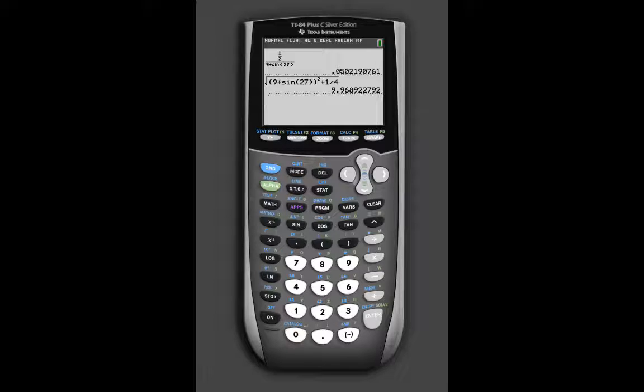I'm curious, let's graph this just for fun, using x in function mode instead of t: x squared plus sine of 3x squared, only in the region from 0 to 2. It looks like it's always positive. I don't see any negative part here, so I'm not going to worry about the absolute value.